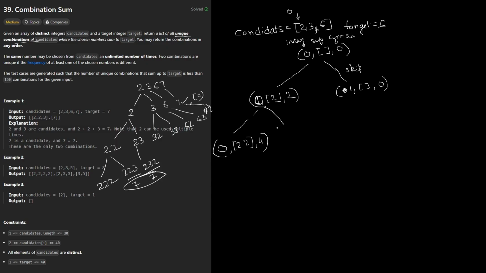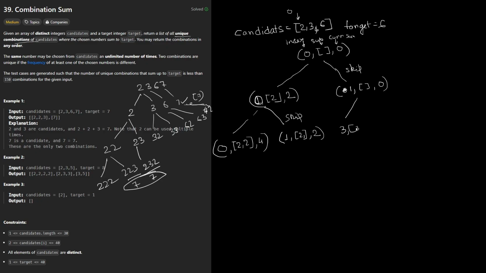If I skip it out here, then the index would become 1, with 2 and 2. So from here, I can again choose index 1. So we are choosing that value. Index 1 is 3. This is skip.